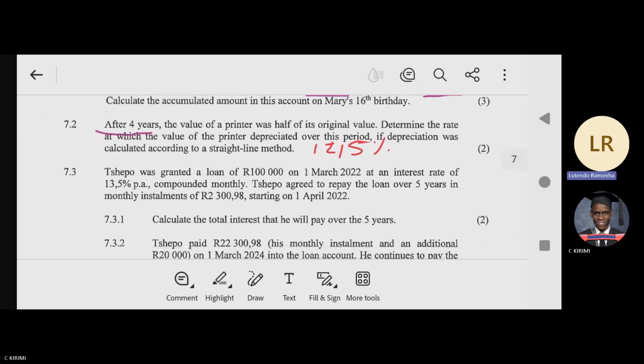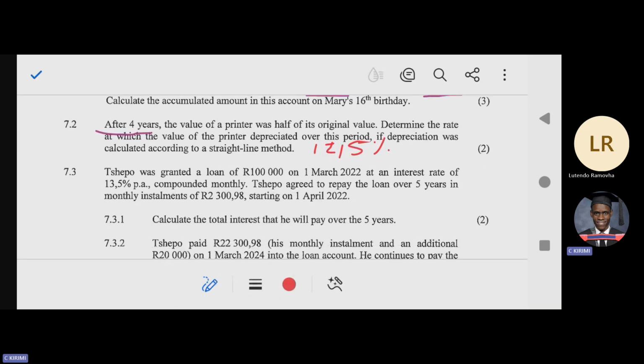7.3. Yeah. So we are given a situation here. Tepo was granted a loan of 100,000 on 1st of March, which means on 1 March 2022, at an interest rate of 13.5% per annum compounded monthly. That is the information that we are given.